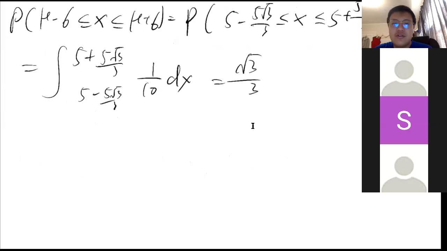Let me quickly go through the true and false. The answer of true and false is true, false, false, true, false, true, true, true. The first problem: for a discrete random variable with finite range, the standard deviation always exists.